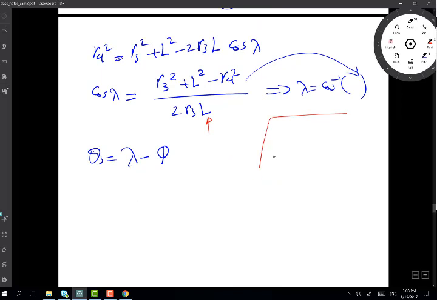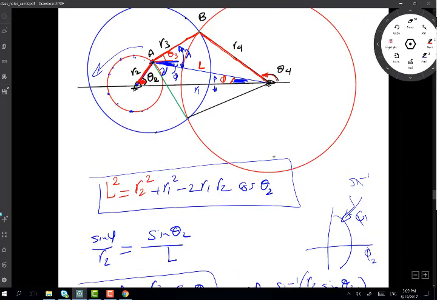I just write this on the side for those who are interested. For assembly number 2, theta 3 will be 2 pi, take lambda and take phi, and just double check it and make sure it makes sense.